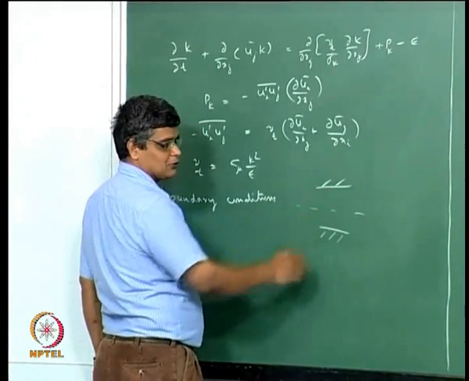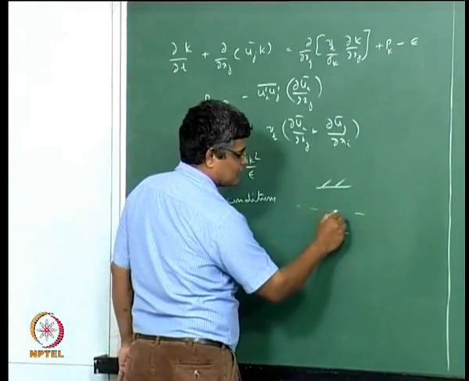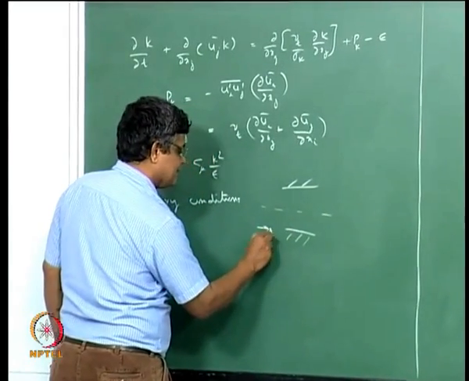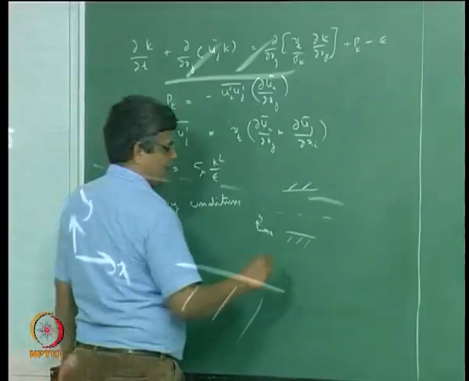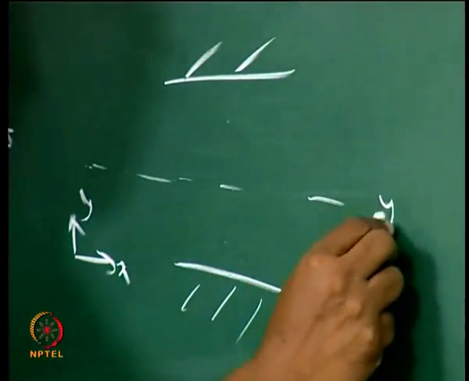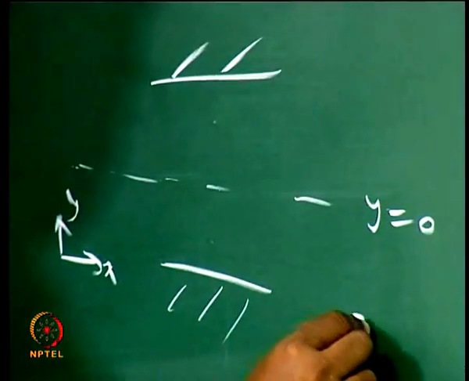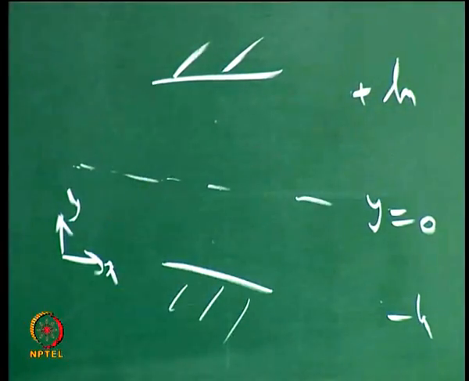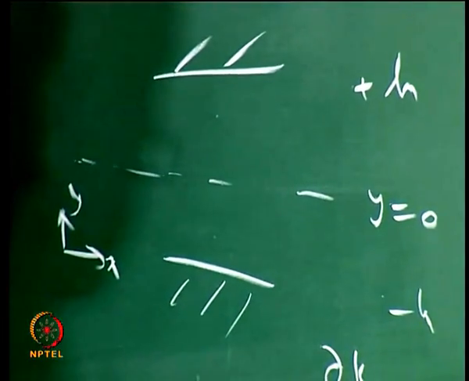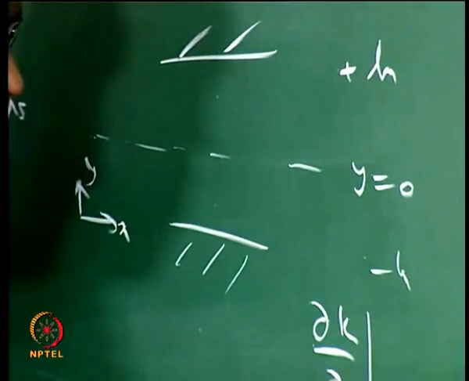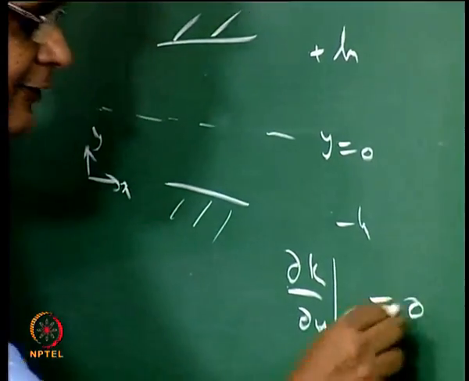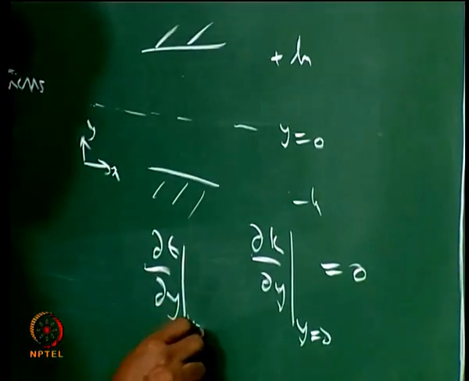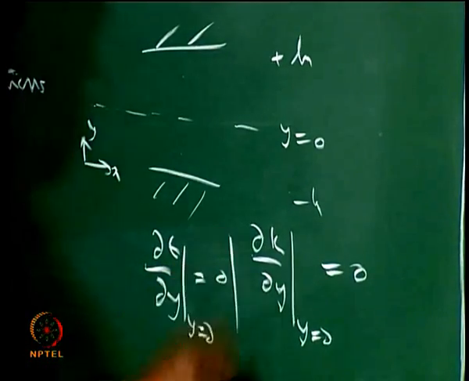It is not necessary to go through this, in which case along this plane one can say that if this is x and this is y, and this is y equal to 0 and y equal to minus h, plus h, like that, one can say that dou k by dou y at y equal to 0 is 0, and similarly one can say that dou epsilon by dou y at y equal to 0 is equal to 0.